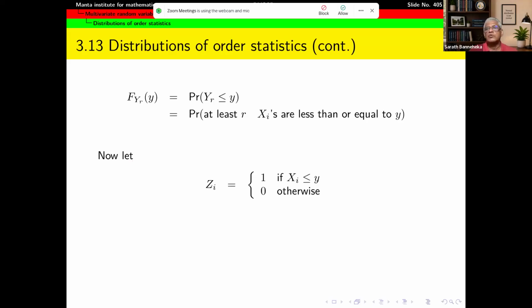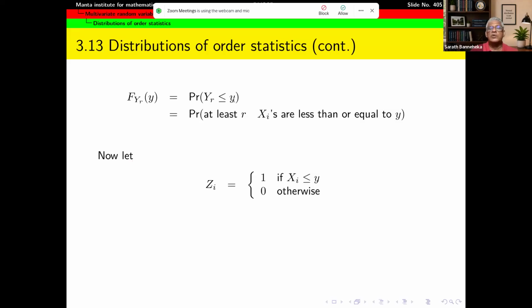Because we know the distribution of X1 up to Xn, we will be able to use that if we write down this event in terms of those X's. So Yr less than or equal to y, right? Yr is the random variable, y is a given, fixed value.